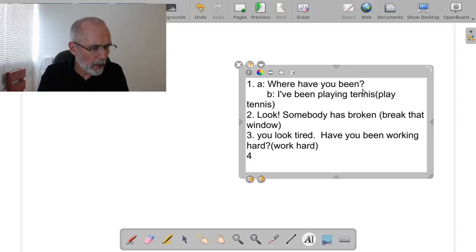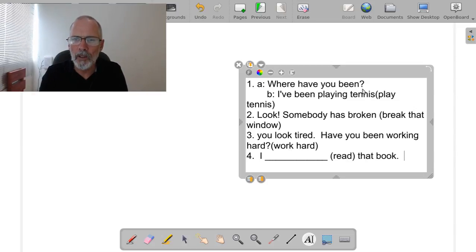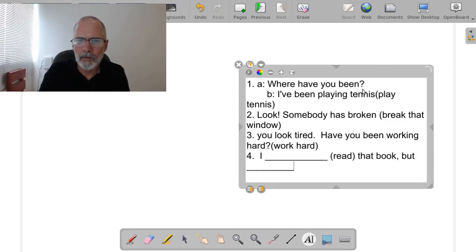Let's try this one. This one I put 2 in there. Read is the verb, that book, but, and the next verb is finish. In this one we've got 2 verbs. Finish it yet.